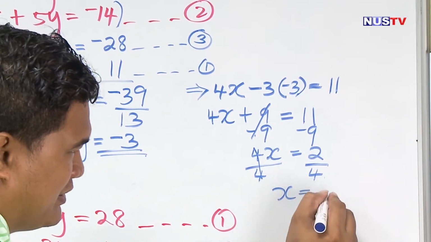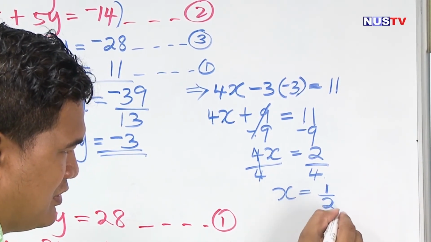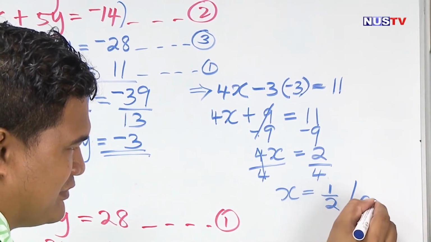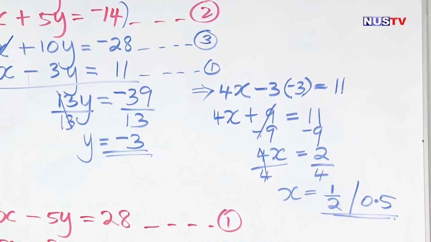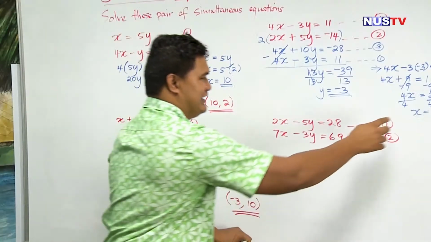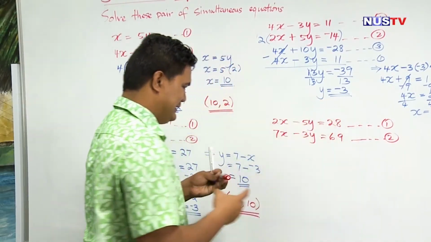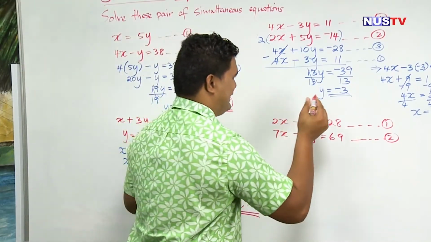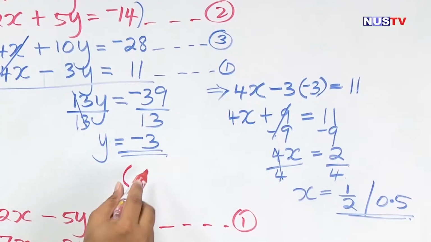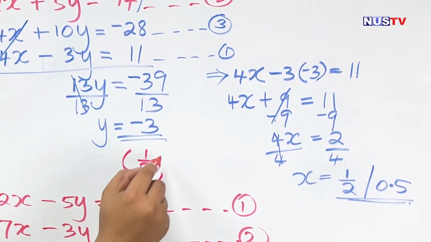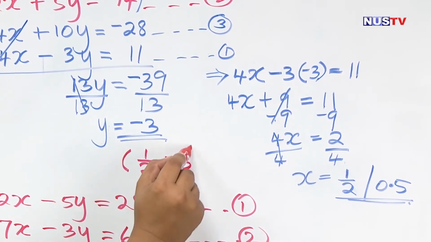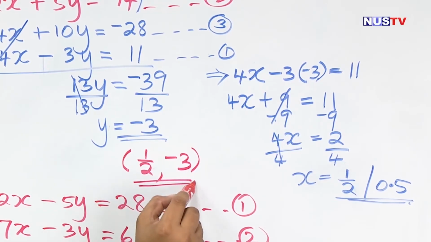So that will be 1 over 2, or we can say that is 0.5. Therefore, our final point will be half or 0.5 for the value of x and negative 3 for our value of y.